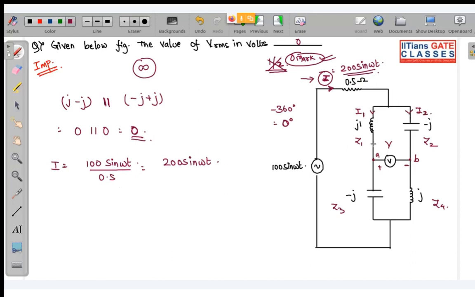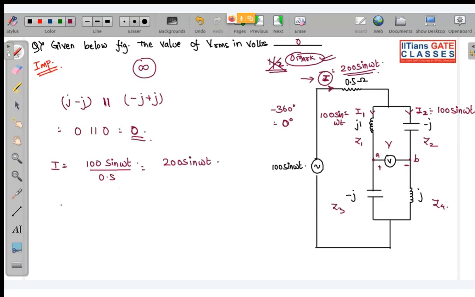Now this is a short circuit, so what I assumed, that the full current is flowing like this, is wrong, because all these elements are present. So an equal amount of current, 100 sine omega t, flows from here and from here. So these two are flowing like this.